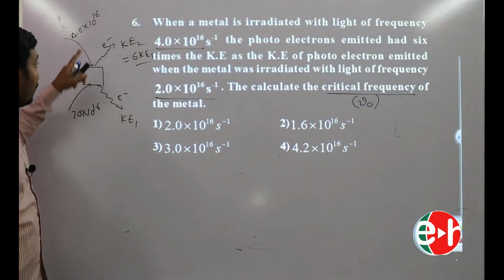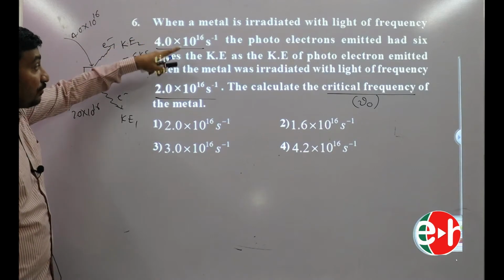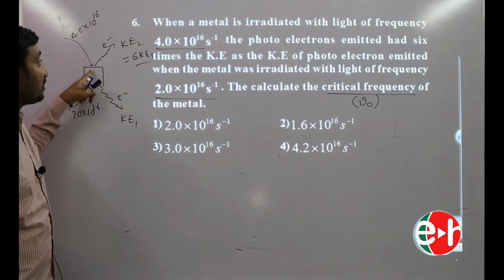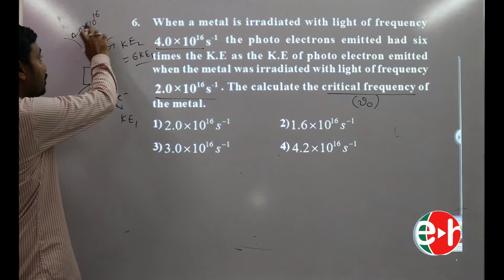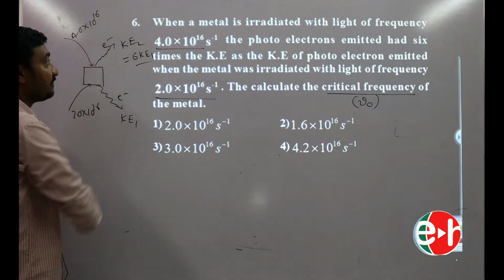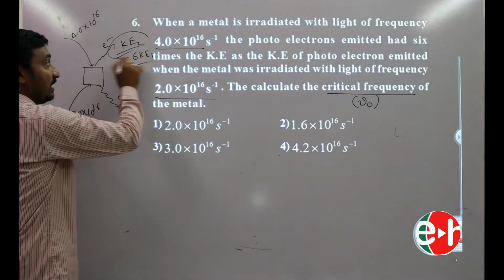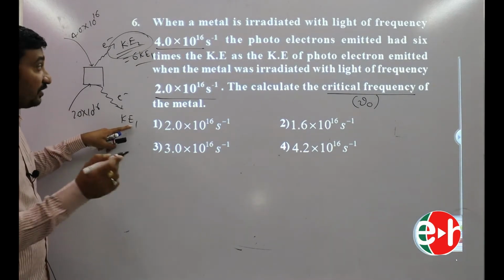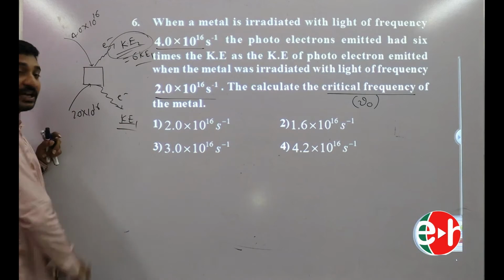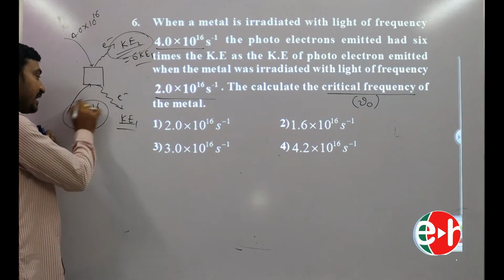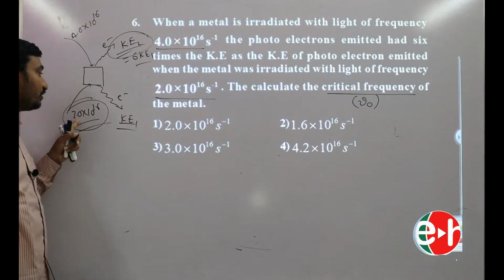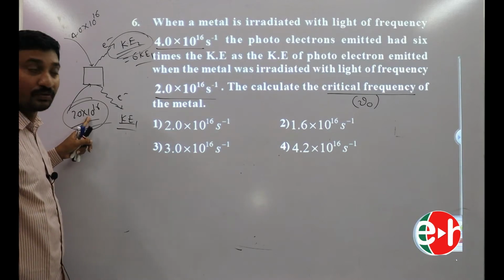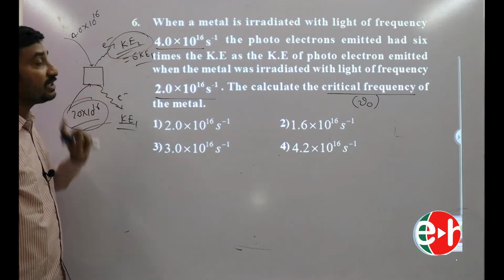So when electromagnetic radiation with frequency 4.0 × 10^16 strikes the metal surface, the kinetic energy of the emitted electron is 6 times this Ke1, because here it strikes with frequency 2.0 × 10^16. So Ke2 is equal to 6 Ke1.